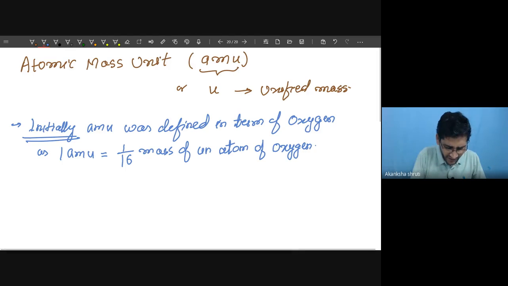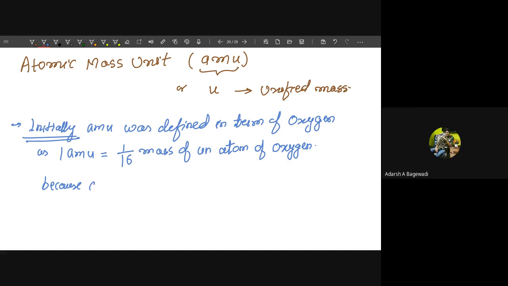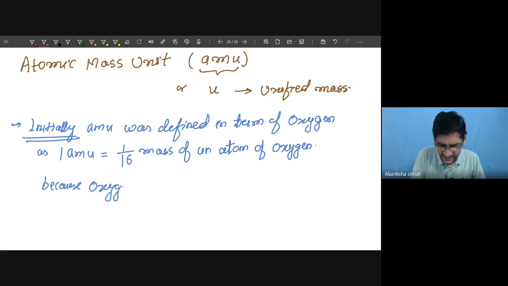Why? Because oxygen is able to react with all the other elements, and this mass was determined by the chemical reaction.